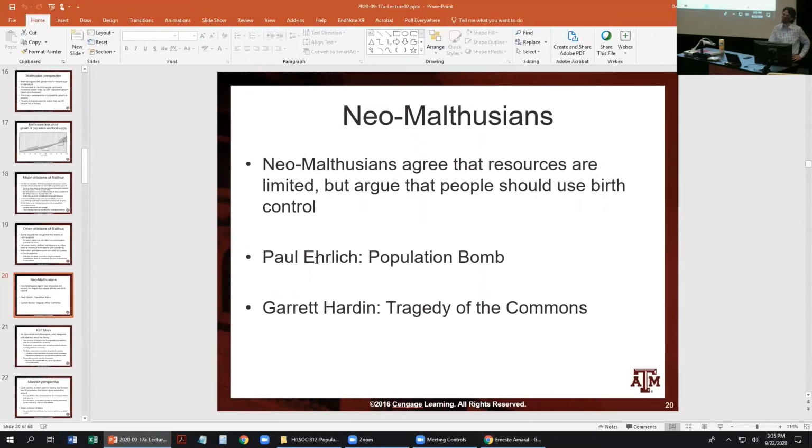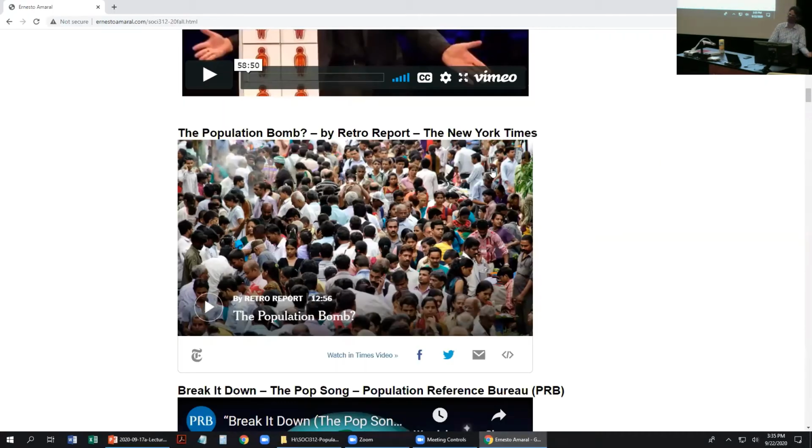And even today, even though his theory was not confirmed, he says we still might have problems with population growth. And then his critics would say his theory did not predict how we developed in these previous decades, but he's still saying that it's a good theory. So it's a contentious debate, but an interesting one.